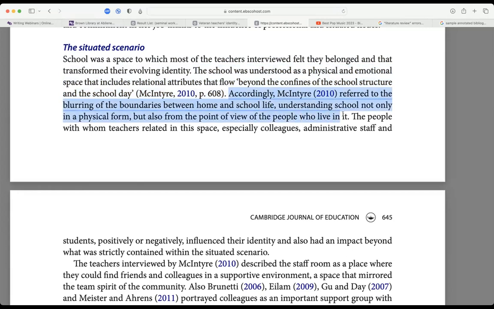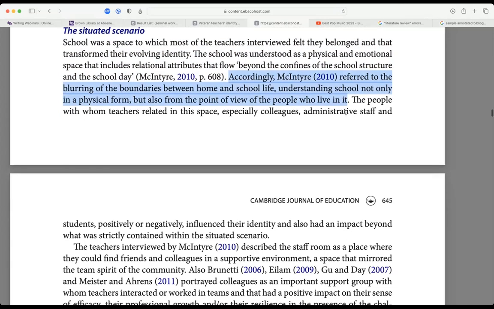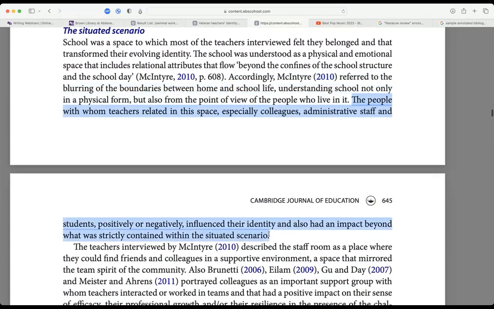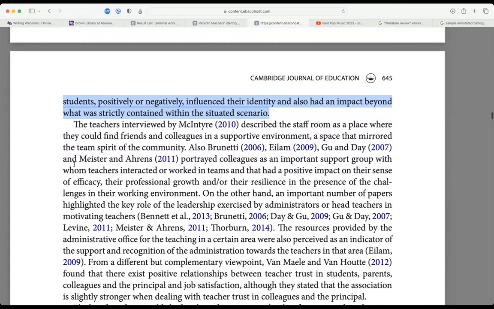And then they do a brief summary of what McIntyre also wrote on that. And then they connected that back to their larger topic. Here, they summarize the key findings from McIntyre and then point out that, hey, there are similar things coming from these 4 other studies.